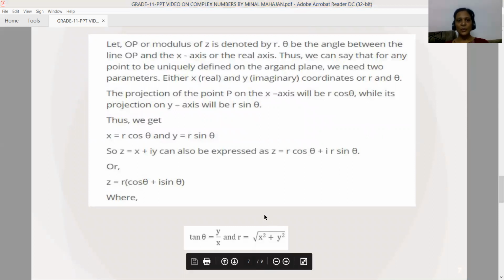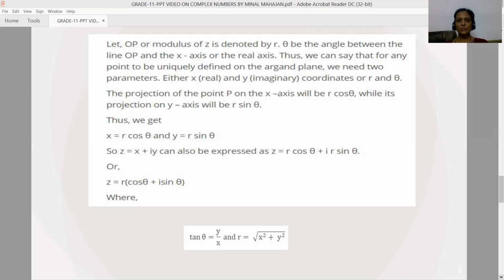Let OP or modulus of z be denoted by r. Theta is the angle between the line OP and the x-axis or the real axis. Thus, we can say that for any point to be uniquely defined on the Argand plane, we need two parameters, either x, the real, and y, the imaginary coordinates, or r and theta.